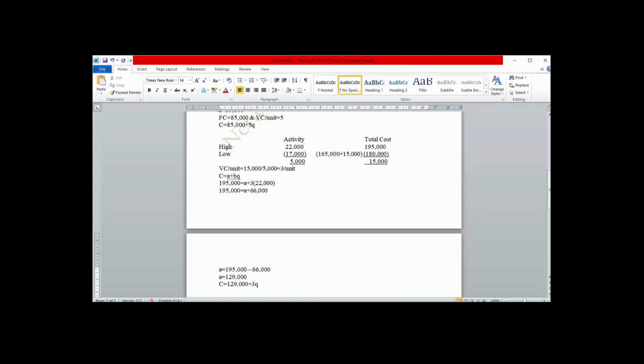Is that what they have gotten? Temitope? Sir, C is equal to 129,000 plus 3Q. Is that what they have gotten? Yes, sir. What is special there? Then what I'm trying to say is that they call this total cost function above 19,000.